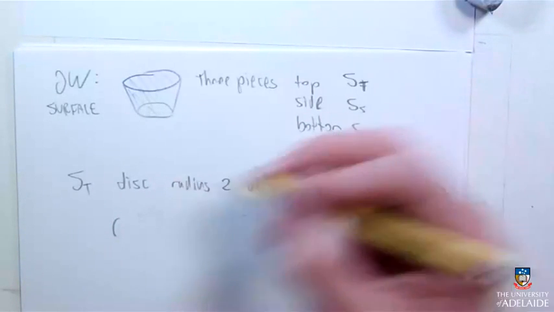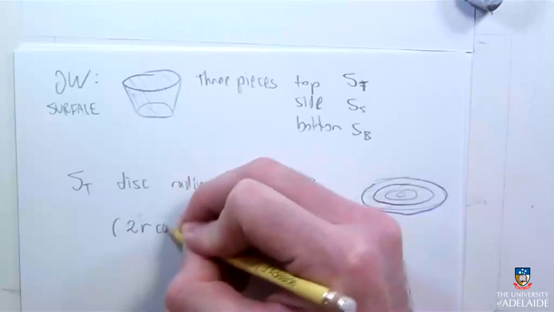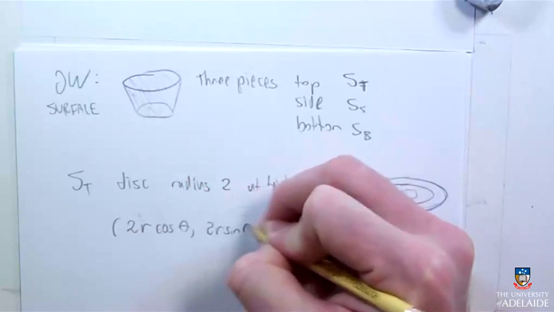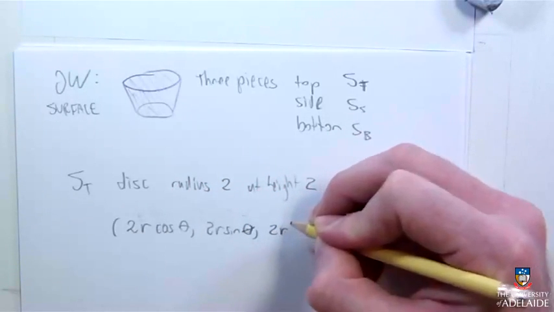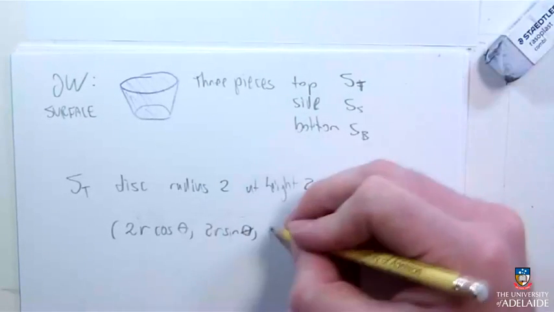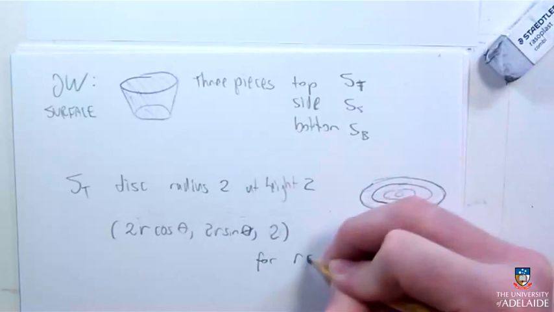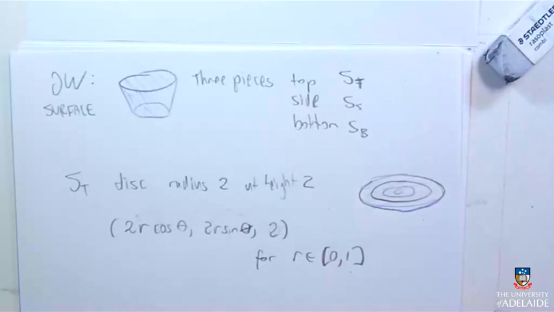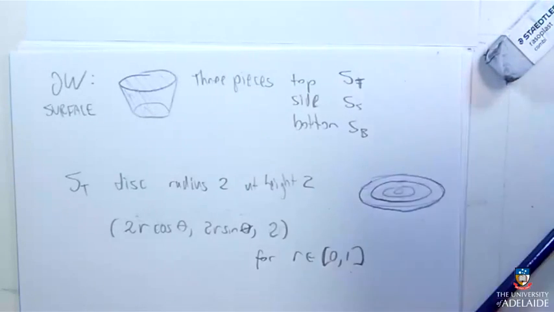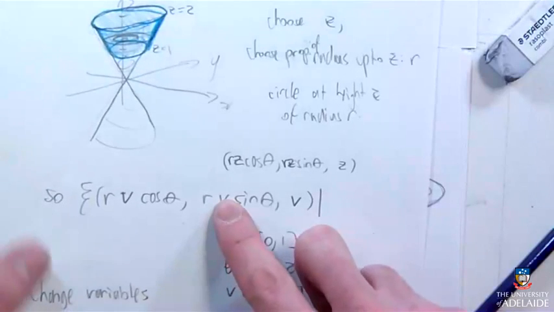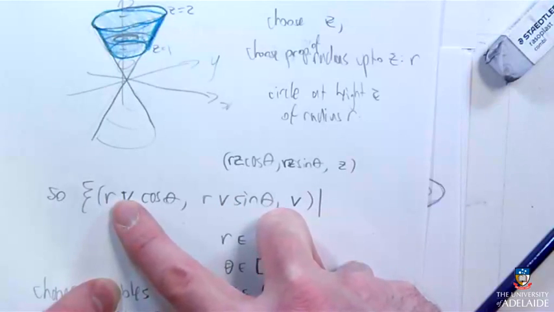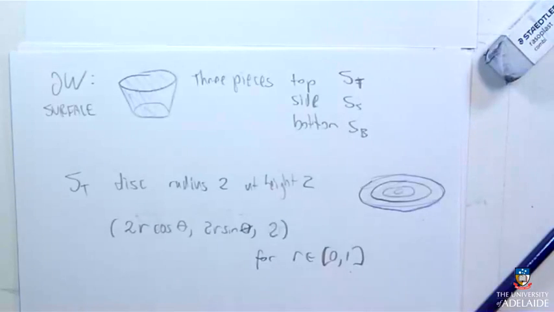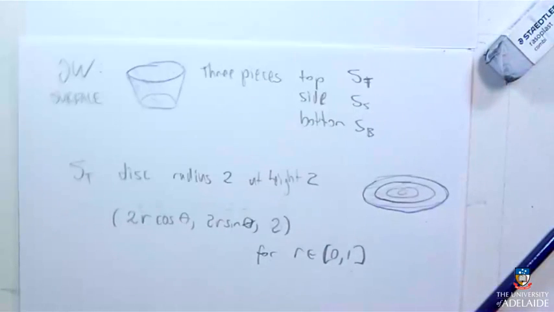The radius here is 2. And the height is 2, isn't it? Okay, so I've gone back to my other parameterization, which was here, and I've said, well, this is just this thing, but when v is equal to 2. And so I've just rewritten that. Beautiful.